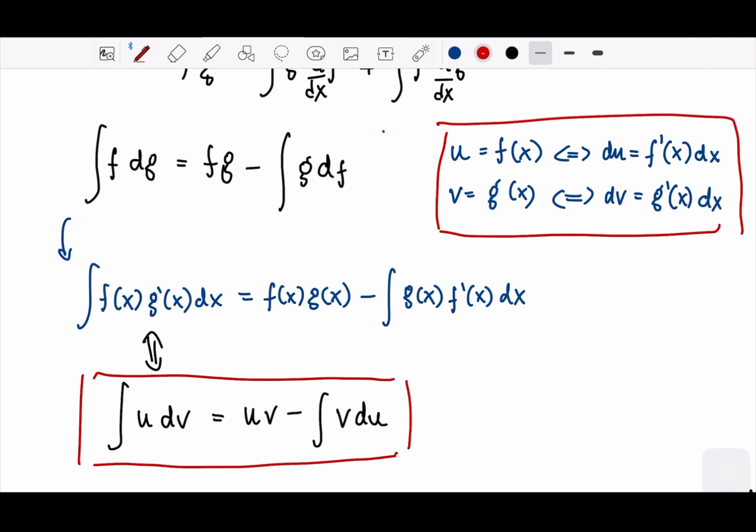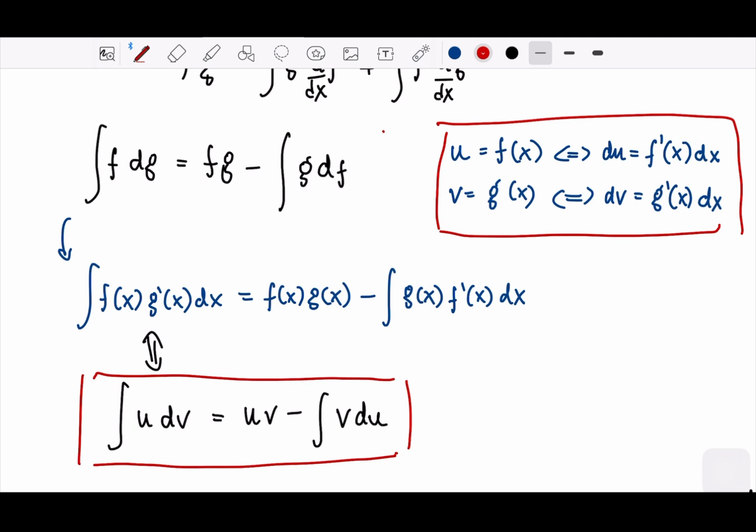So what does this formulation mean? Every time you have an integral, with some function inside here, the first thing we need to do in integration by parts is identify whether it is u or dv.